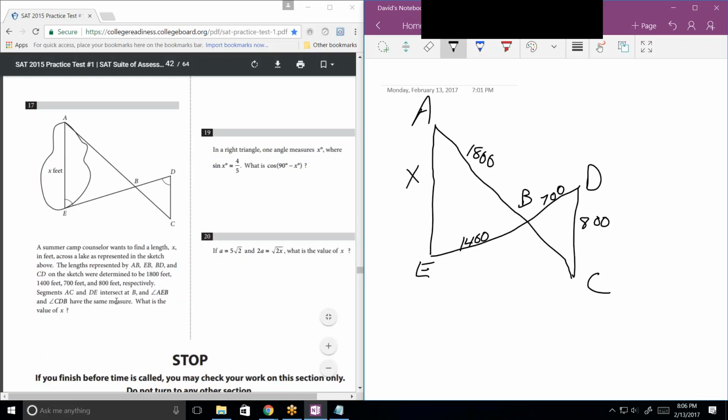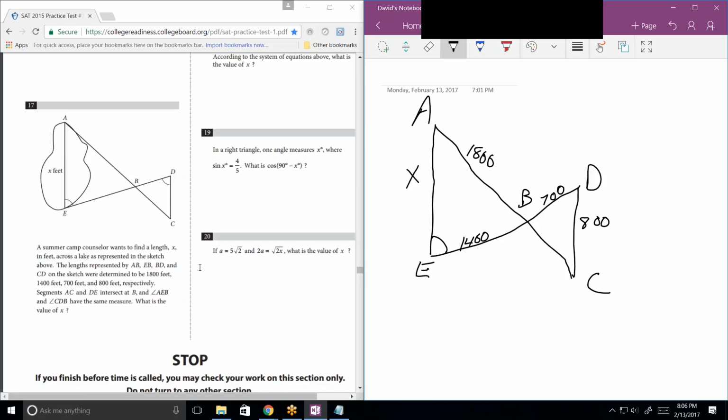Segments AC, angle AEB, this angle right there, is the same measurement as angle CDB, this angle right there. What's the value of X?